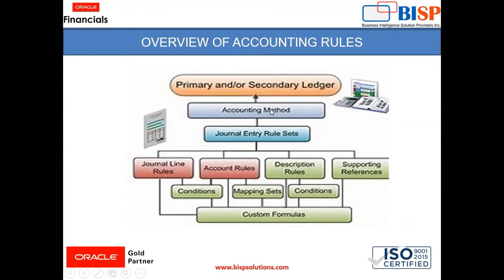And then accounting method is clubbed in creation of primary ledger and secondary ledger in the system. So this is how accounting rules flow in the system.